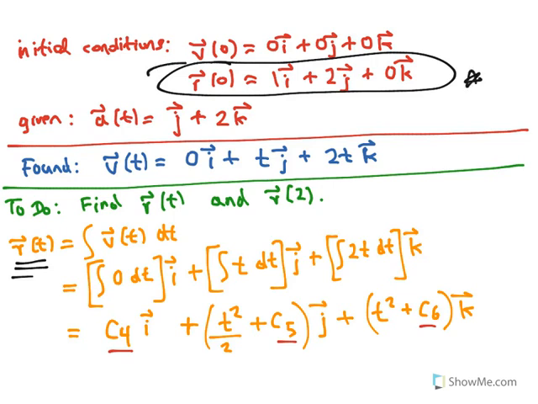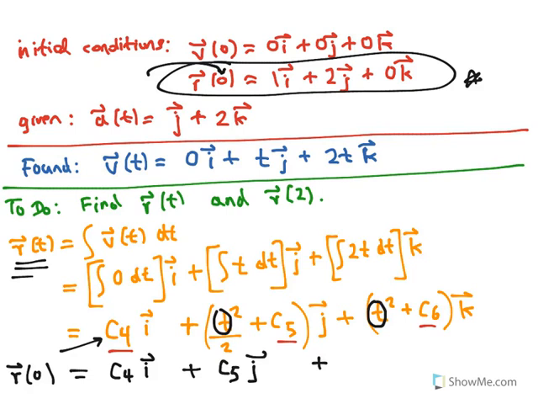There is no t here, so I just get C sub 4 i. Wherever I see t, I will substitute 0, so that just gives me C sub 5 j, and then C sub 6 k.